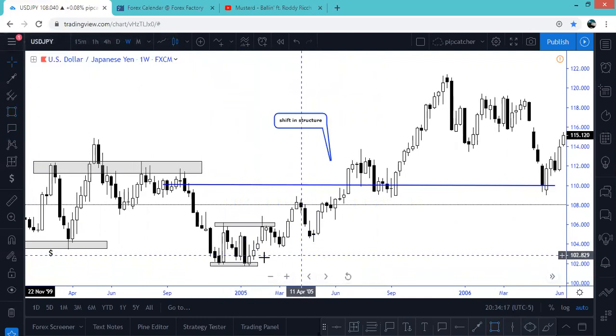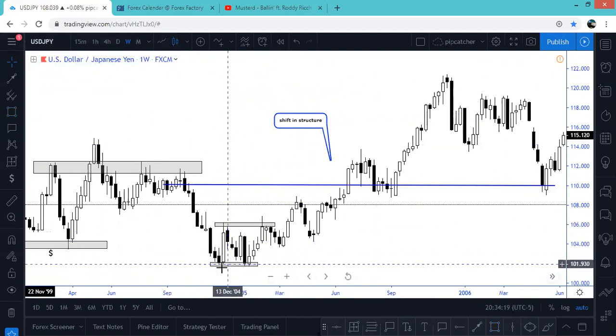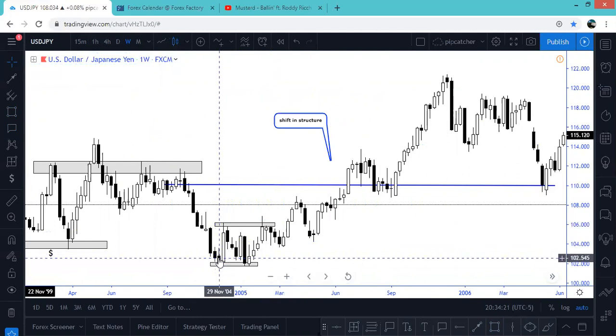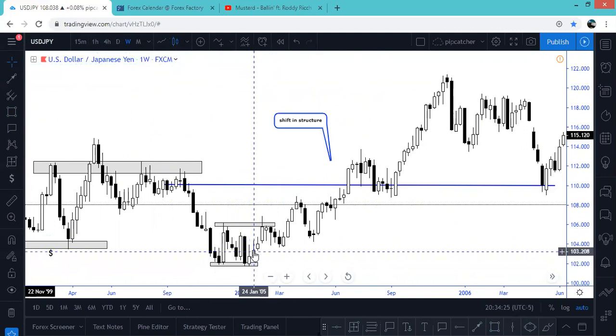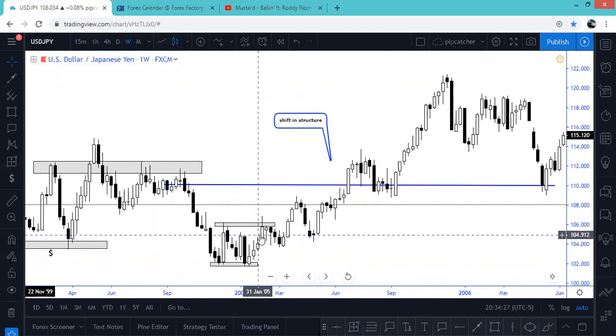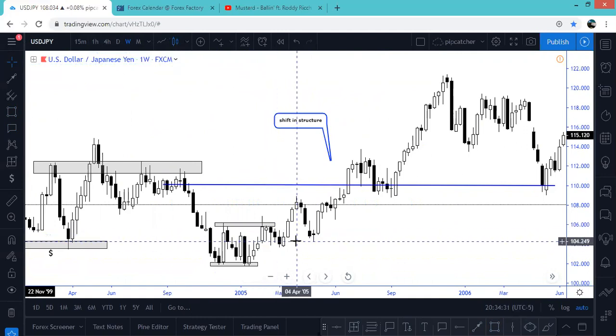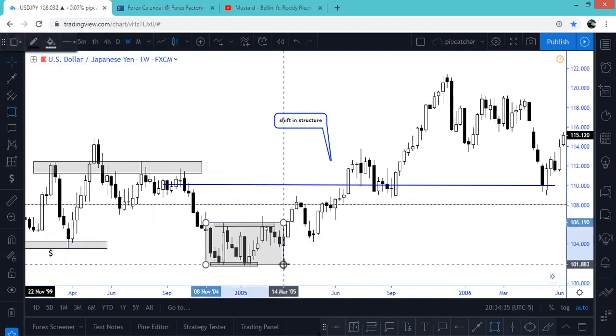But once again, we're on the weekly time frame, so we're in a 1, 2, 3, 4, 5, 6, 7, 8, 9, 10, 11, 12, 13, 14, 15-week range. We're in a 15-week range in here.